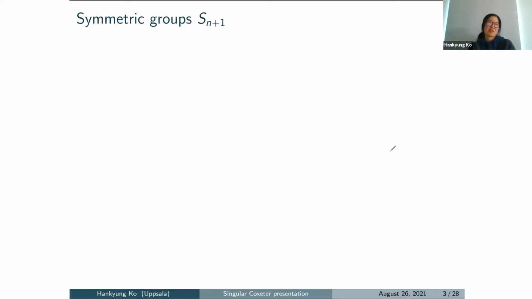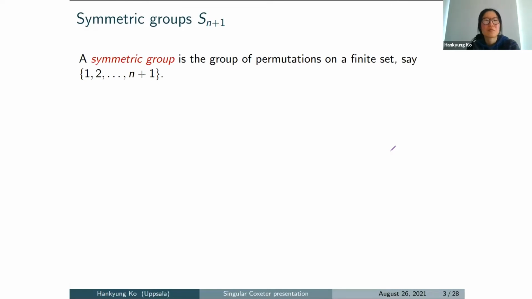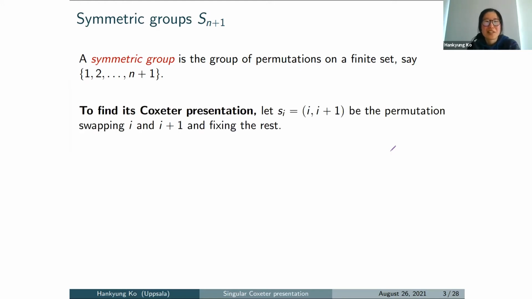The probably most famous example of Coxeter groups is the symmetric groups. A symmetric group is a group of permutations of a set, say the numbers from 1 to n plus 1. To get the Coxeter presentation, we take the transpositions of two adjacent numbers. So let s_i be the permutation switching i and i plus 1 and fixing the rest, and they will generate the group.